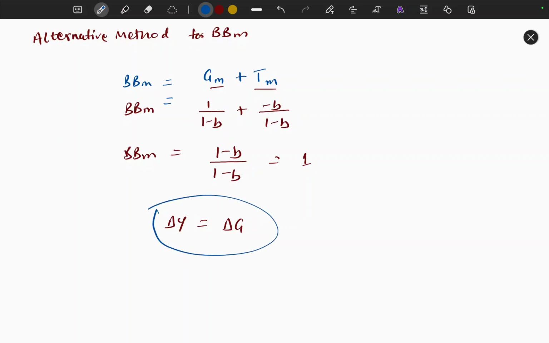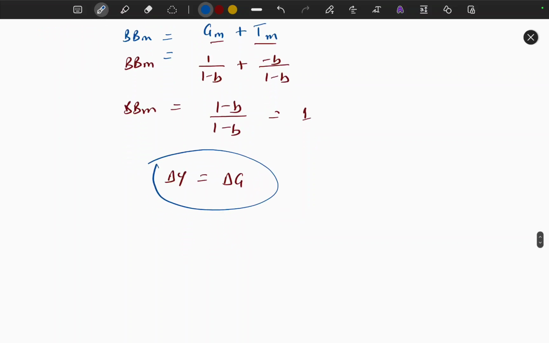In order to prove this, let's introduce the changes in government expenditure and the tax revenue in this equation.